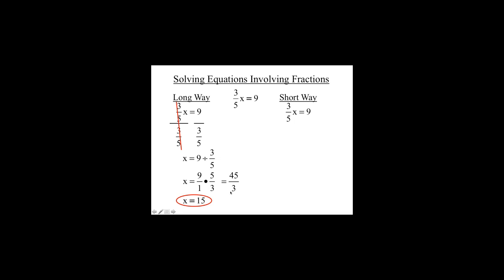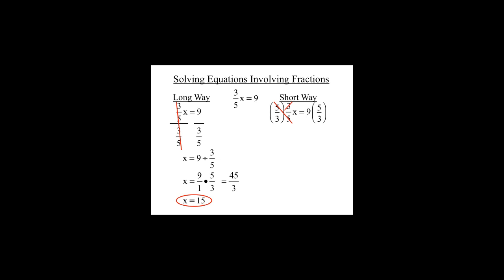Anytime you see a fraction in an equation, the easiest thing to do is to just jump right down to this step where we are multiplying by the reciprocal. If there's a fraction in it, you're going to multiply by the reciprocal of the coefficient of x. So in this case, the coefficient is 3/5. So I'm going to multiply both sides of the equation by the reciprocal of 3/5.